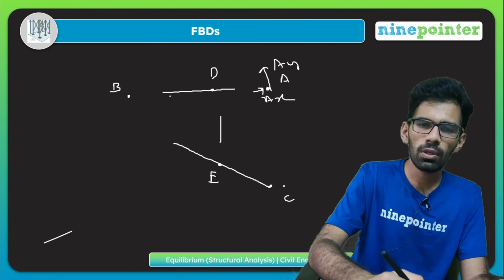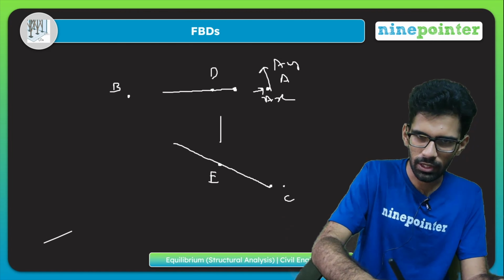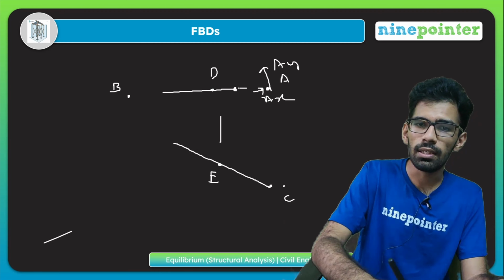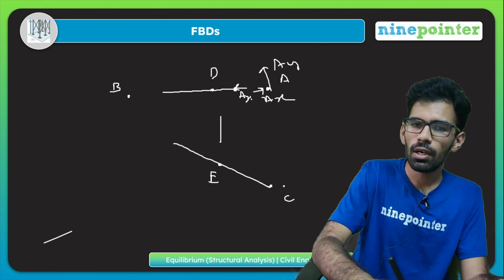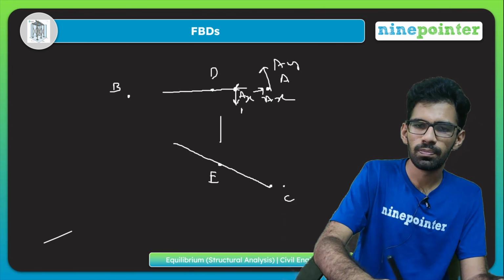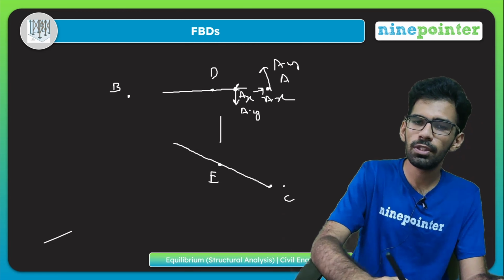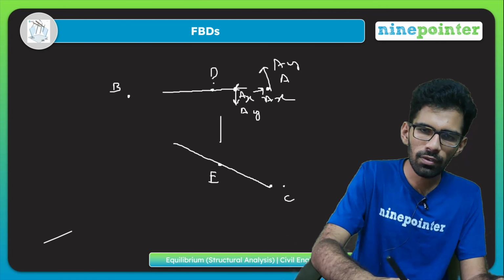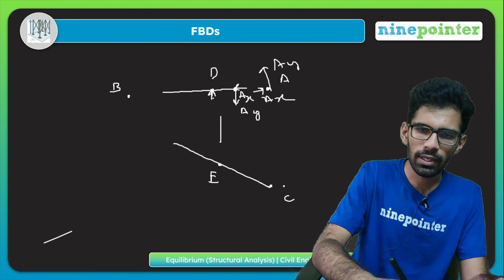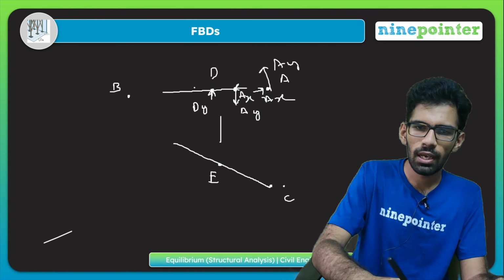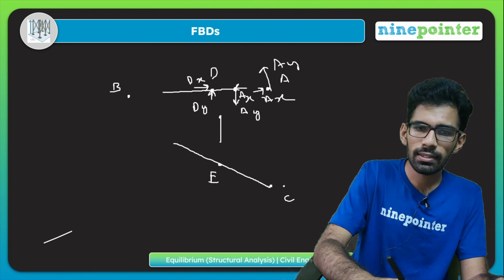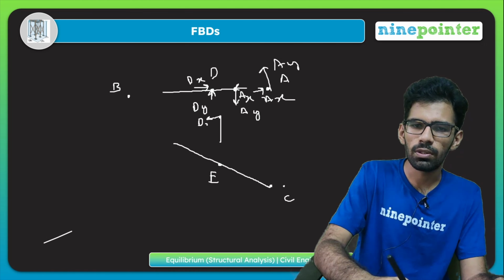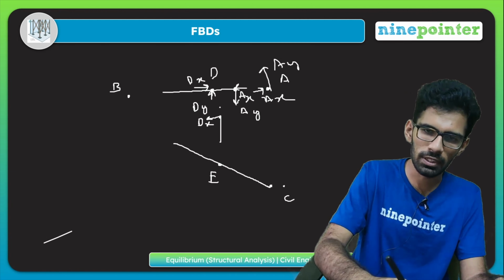Now when we draw on this point, this is also connected to A, but this will experience the same but opposite forces because the net force must be 0. So both will have equal and opposite forces. Similarly for D, we'll be having a DY and a DX, and this point will experience the equal and opposite forces because net force must be 0.